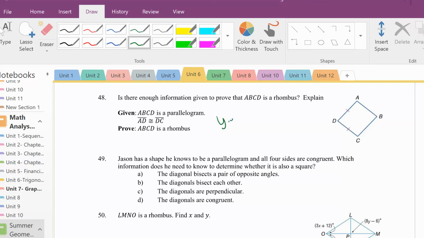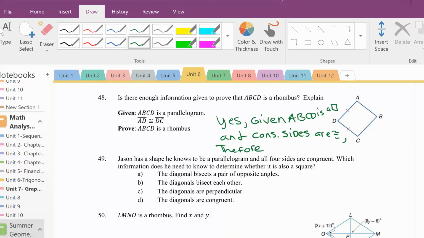And the answer to that question is yes, there's enough information because you're given ABCD is a parallelogram and consecutive sides are congruent. So therefore, ABCD is a rhombus.